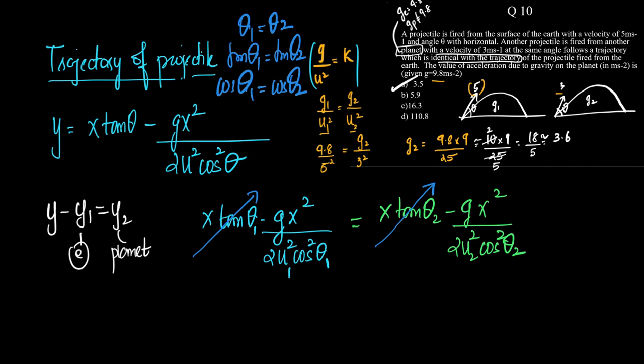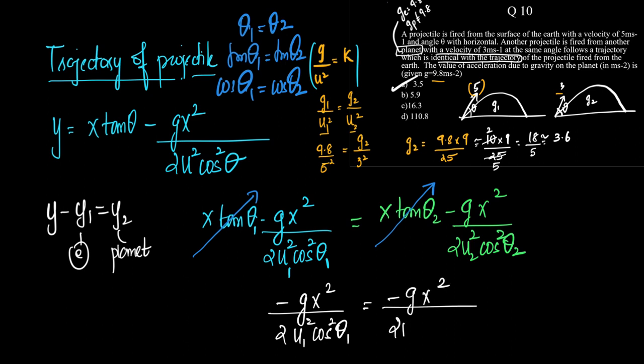So what else do we have? Minus gx square by 2 u1 square cos square theta 1 is equal to minus gx square by 2 u2 square cos square theta 2. Now if you see, cos square theta 1 and cos square theta 2 are the same. x square by x square is 1.